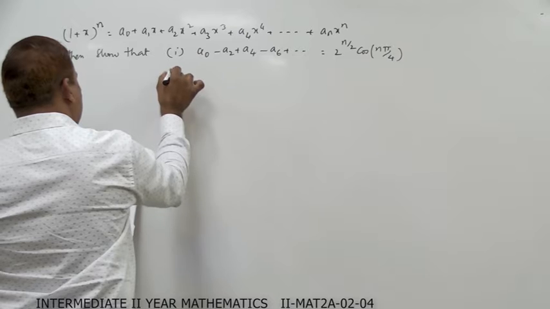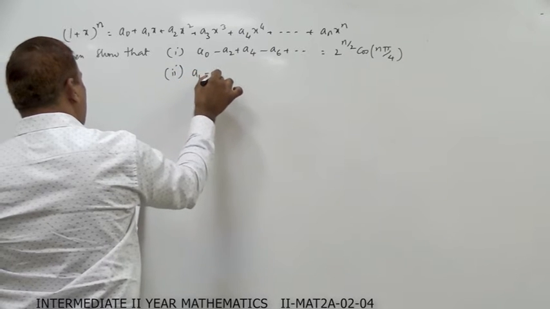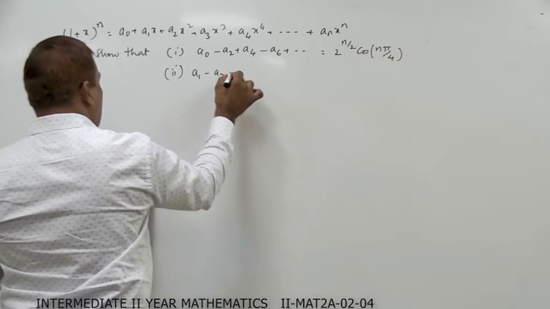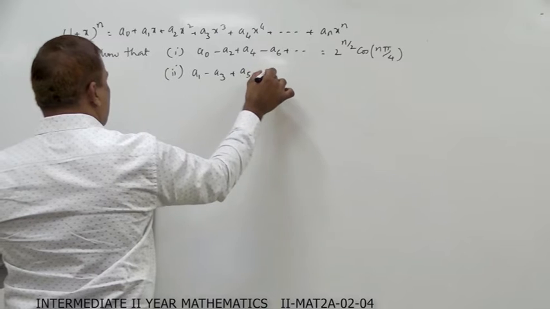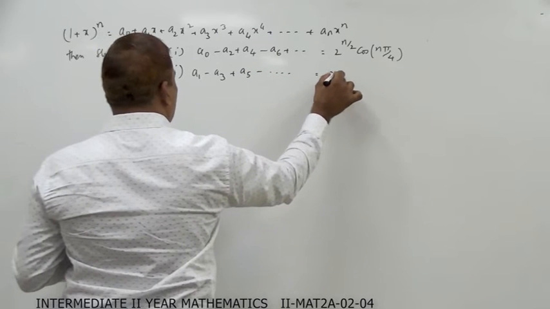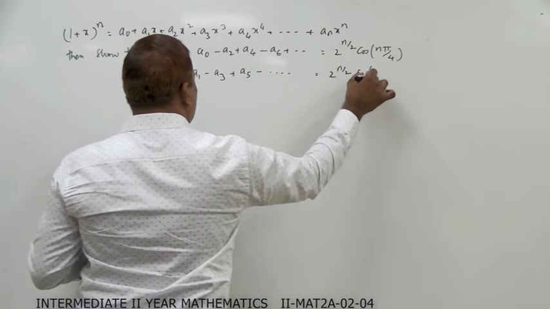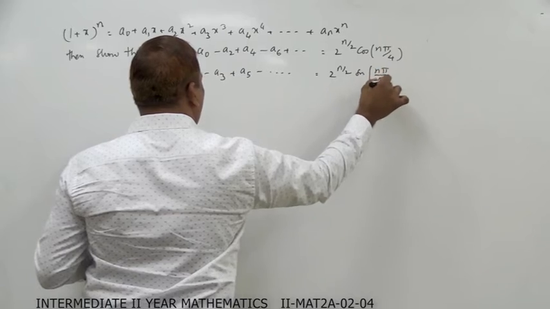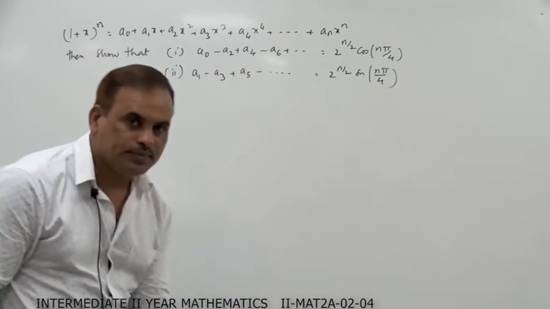Second bit, a1 minus a3 plus a5 minus and so on, is 2 power n by 2 into sin n pi by 4. This we have to prove.